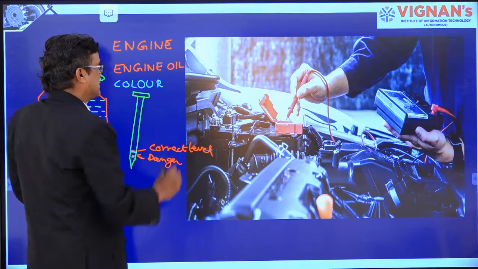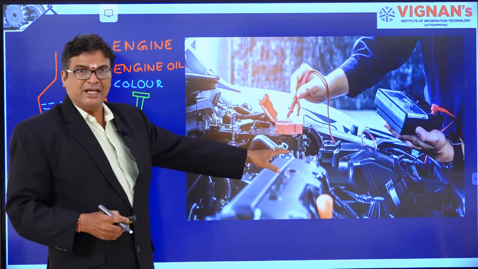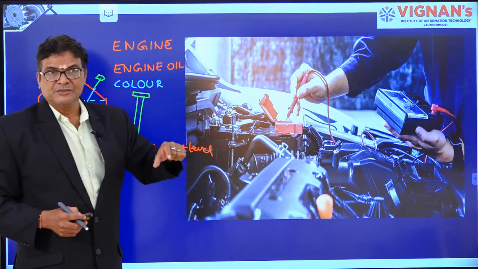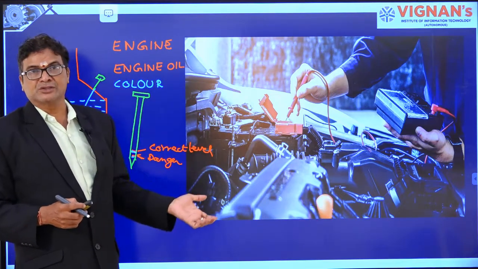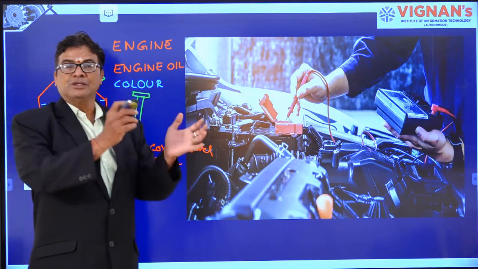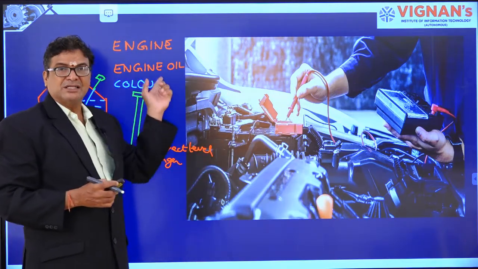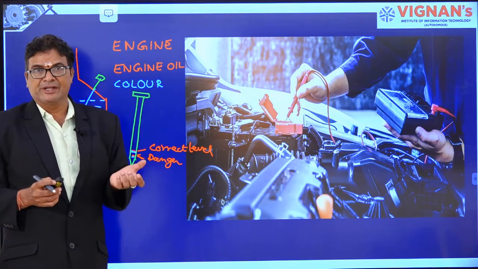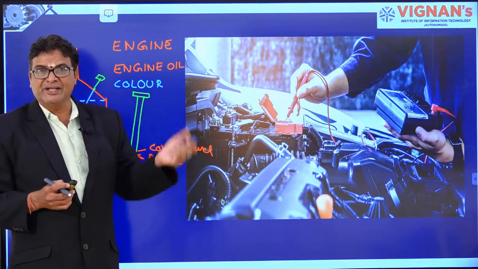The color of the lubricating oil indicates whether the quality is good. If the life of the lubricating oil is over, its color changes. It becomes a muddy, dark color, such that it should be removed. That is a clear indication.